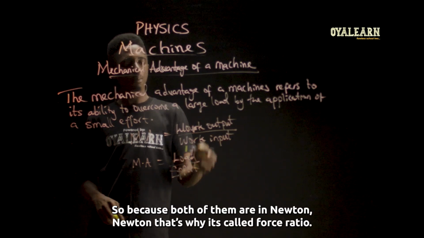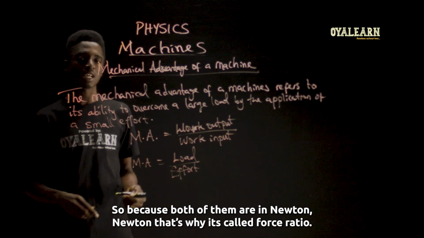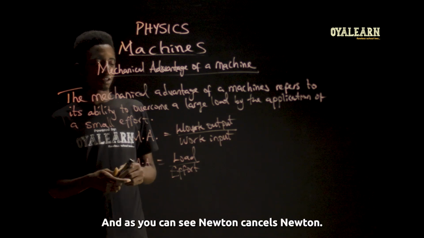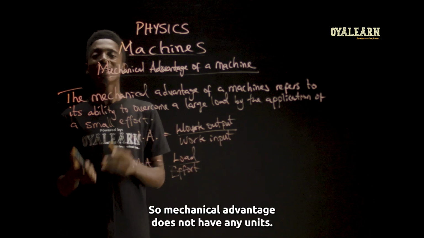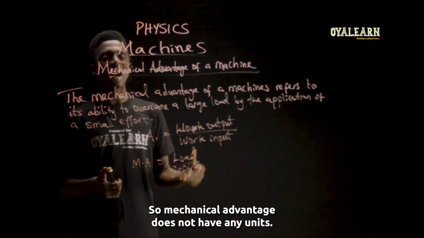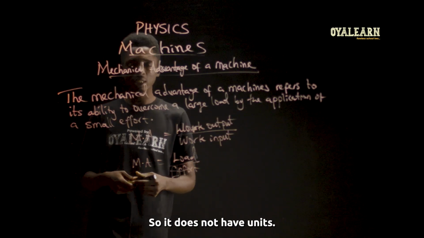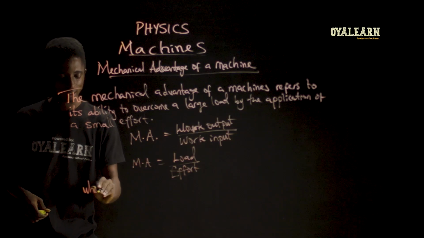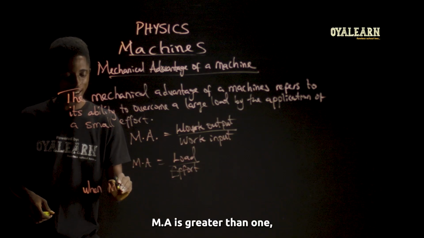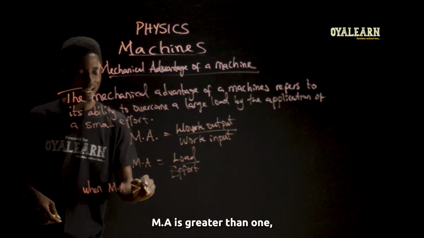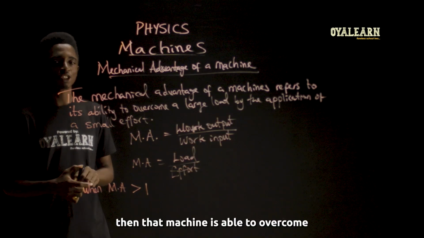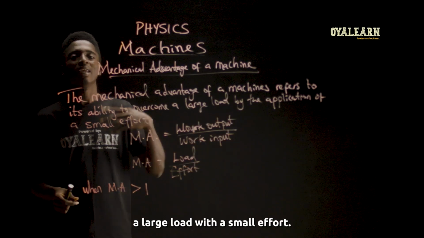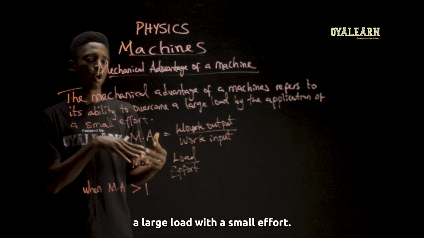So because both of them are in Newton, that's why it's called force ratio. And as you can see, Newton cancels Newton, so mechanical advantage does not have any units. Now, one thing you should know is that when MA is greater than 1, then that machine is able to overcome a large load with a small effort.